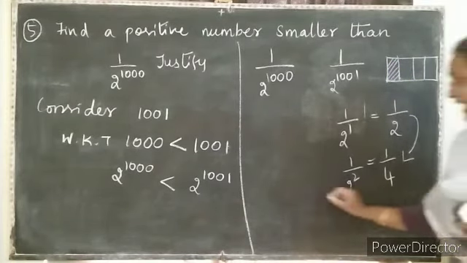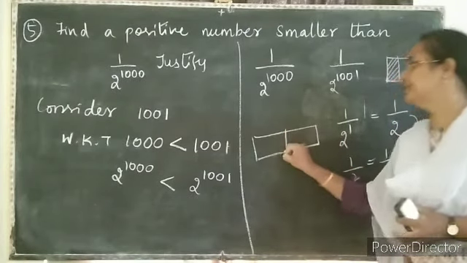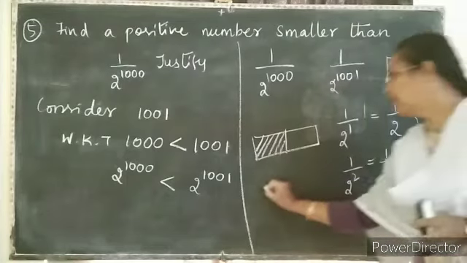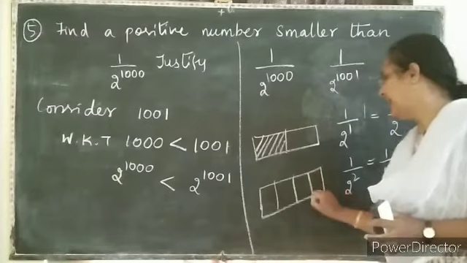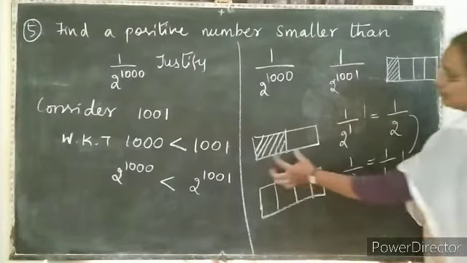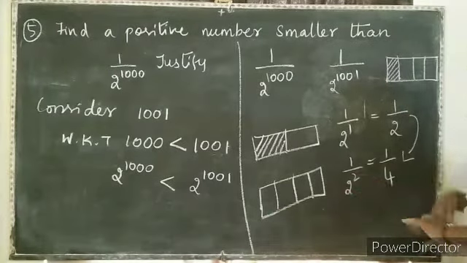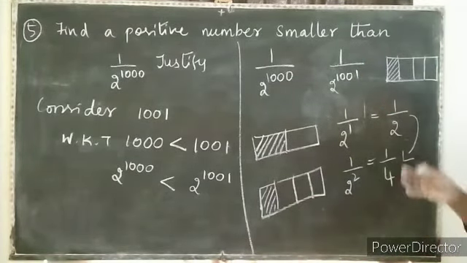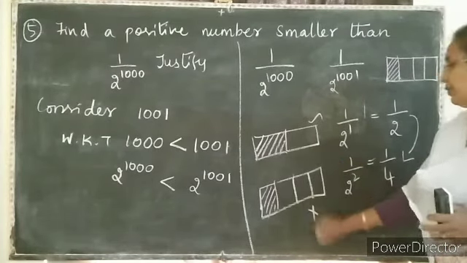The same diagram, in the first case, I have divided into 2 and shaded 1 part alone. Now the same diagram is divided into 4 parts. Look into the parts. This is greater and this is smaller, isn't it? I am shading only 1 part. So which is smaller and which is greater? This is greater and this is smaller.